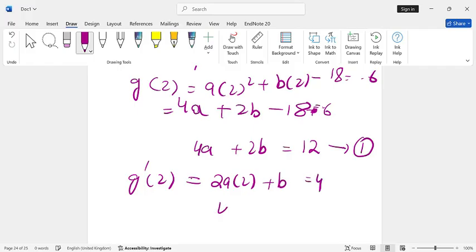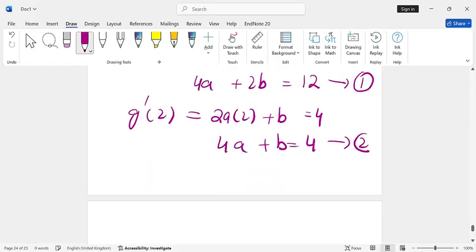So we have a second equation, 4a plus b equals 4. We have two equations, so we have to calculate the values of a and b. From these, if I take equation 1 minus equation 2, what value do we get?